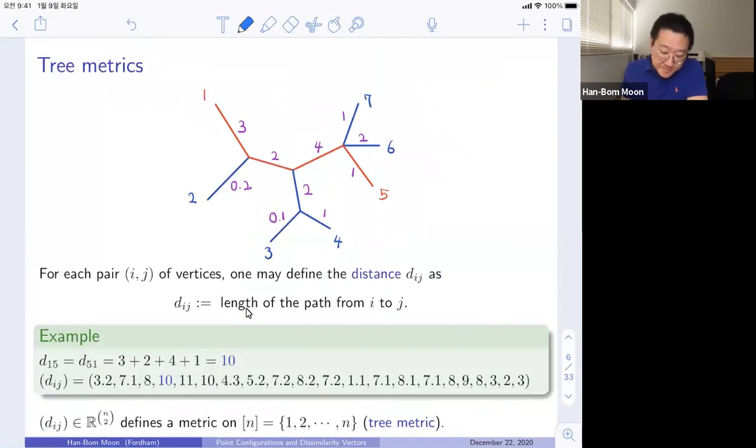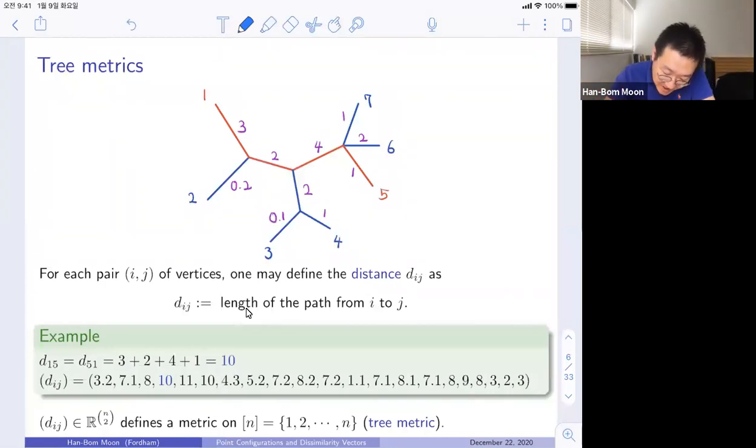All right. So whenever we have such a metric tree, then we can define a tree metric. So here is the idea. For each pair i, j of vertices, we can define the distance between two vertices by taking the path that starts from one vertex i to another vertex, and adding all of the lengths of the edges on the path.